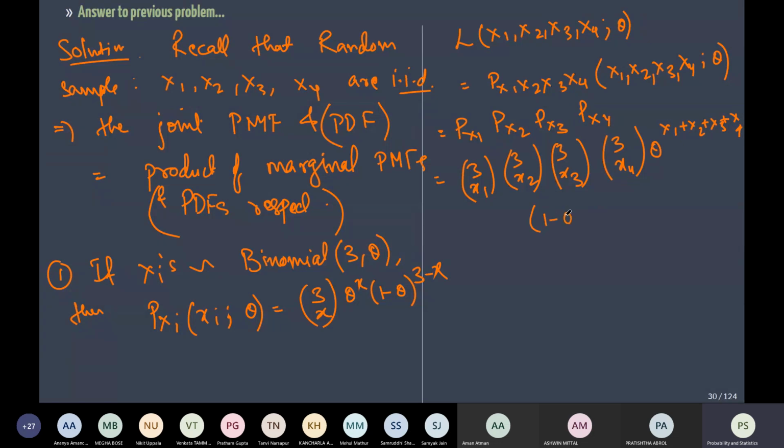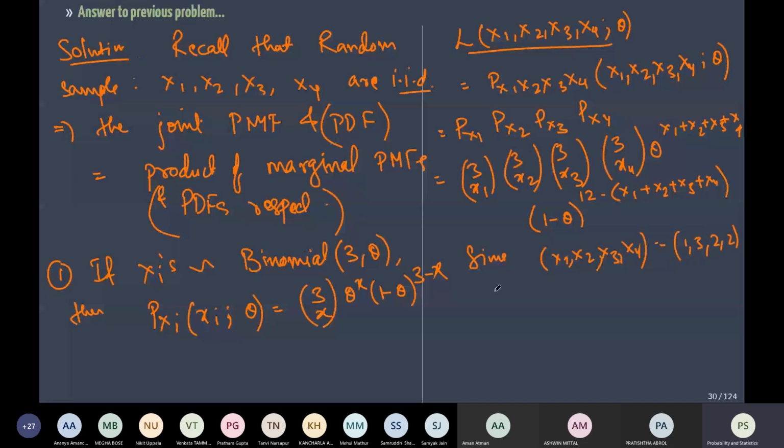You can verify this, I'm writing this directly. Times (1 minus theta)^(12 minus (x1 plus x2 plus x3 plus x4)). So this is the likelihood function. And since we have observed x1, x2, x3, x4 as 1, 3, 2, 2.